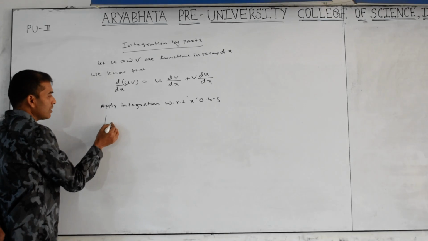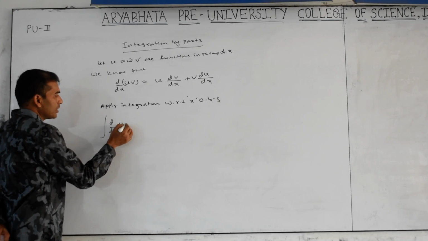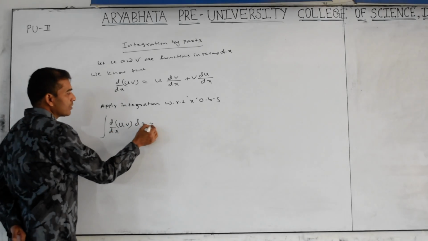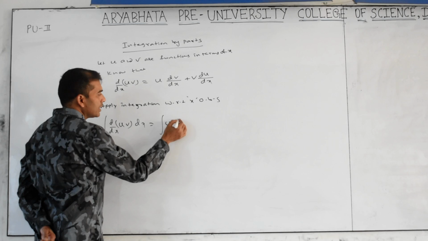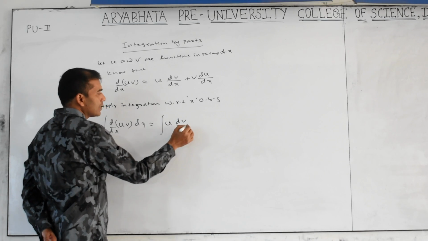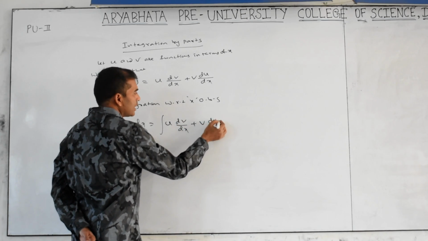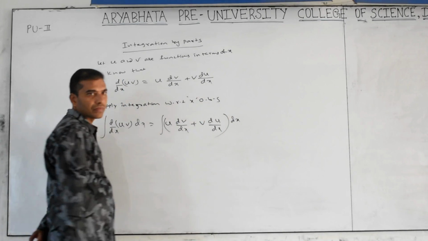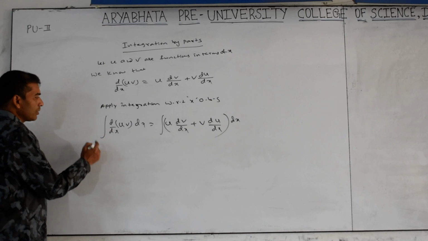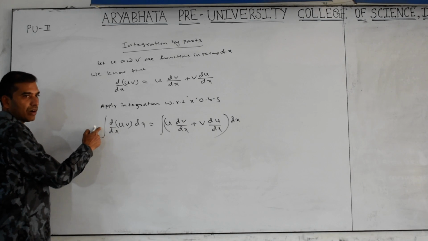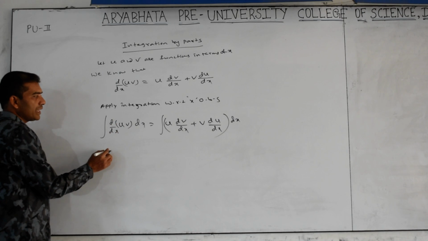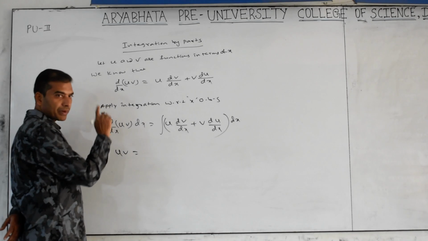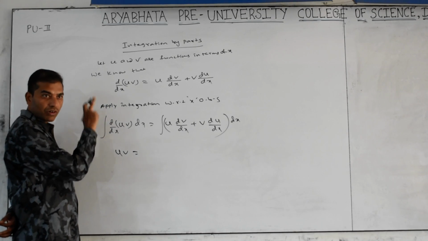Integration of d by dx of uv dx with respect to x equals integration of u dv by dx plus v du by dx, whole dx. Now, the integration of the derivative, integration of d by dx of uv dx, equals uv, by the first property we discussed in the starting class.